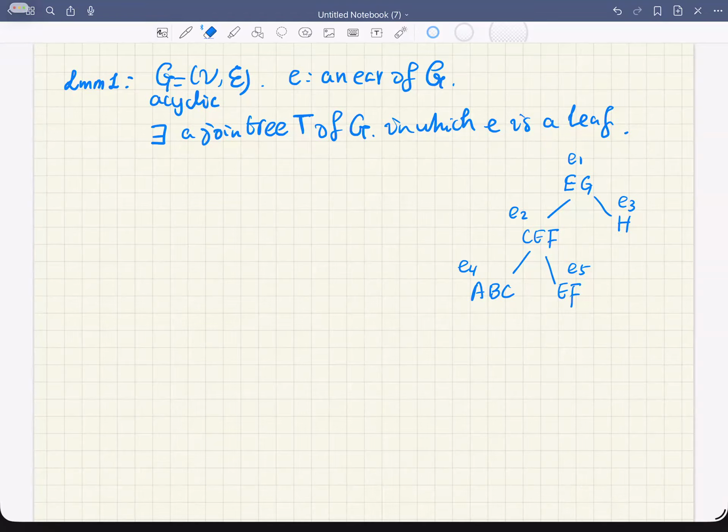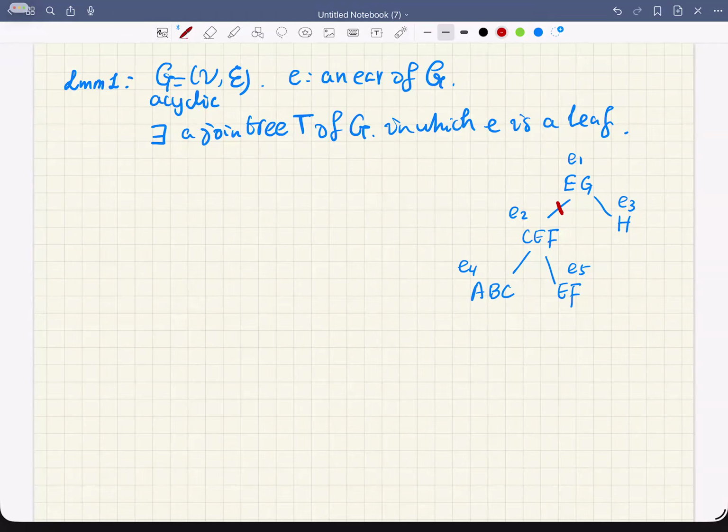Now, watch carefully. This EG is an ear. I'll find a witness from one of its neighbors. I see CEF. That's a witness, right? So what I'm going to do is break this edge. If I break this edge, this tree becomes disconnected, and I have to connect the different components back.